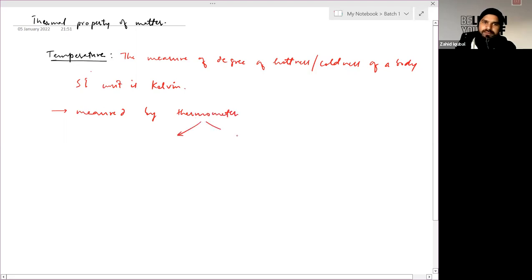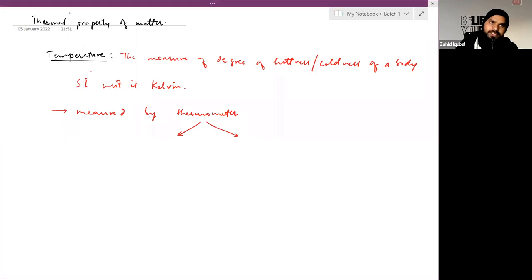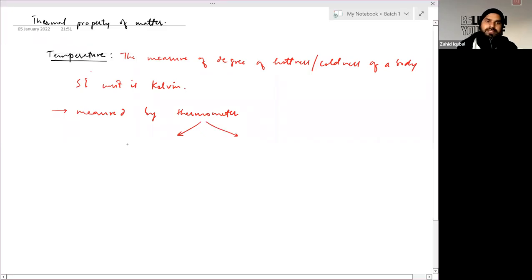This thermometer will be of two types depending upon its range and its uses. First is called clinical thermometer and second is called laboratory thermometer. I will define the other definition of this temperature according to thermodynamics in next chapter. So clinical thermometer is which ranges human body temperature, that is from 35 degrees Celsius to 42 degrees Celsius.